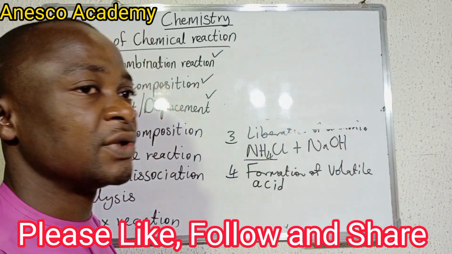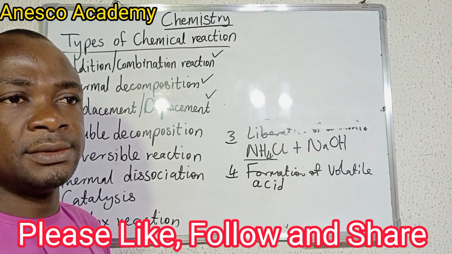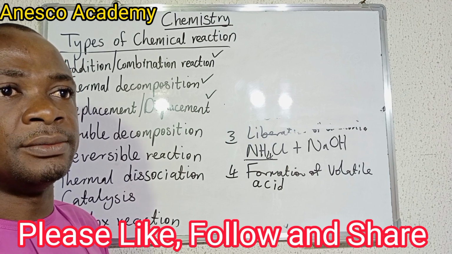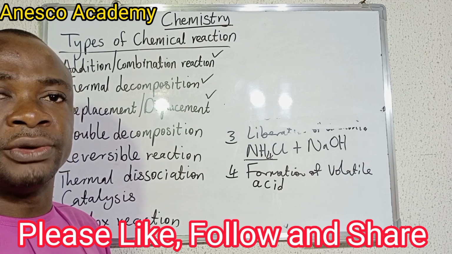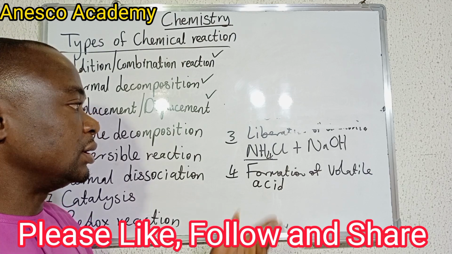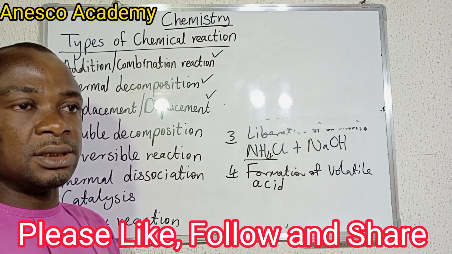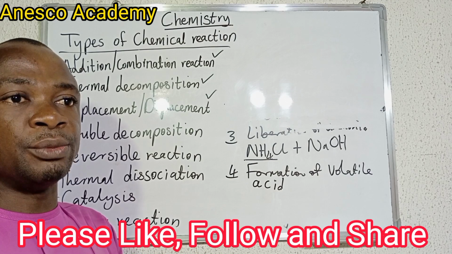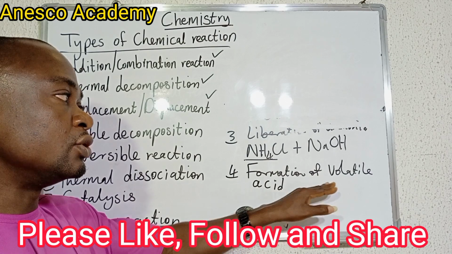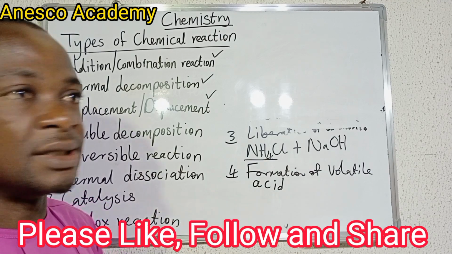When you say an acid is volatile, it means that it turns to vapor even without heating. The one that turns to vapor easily is what we call what? Volatile acid. Hence, those that have lower boiling points are the most volatile. The ones that have high boiling points are the least volatile.